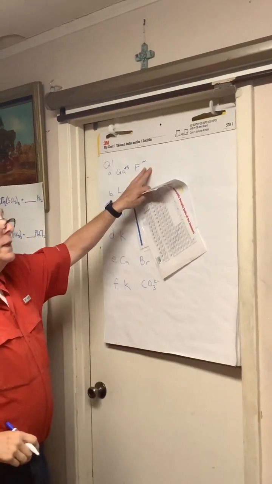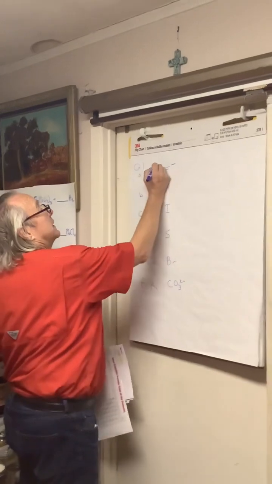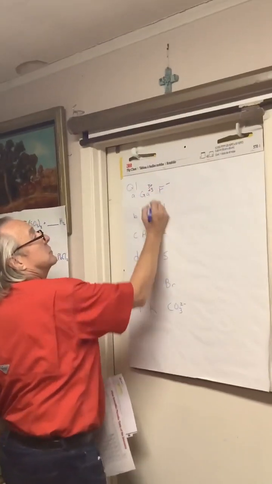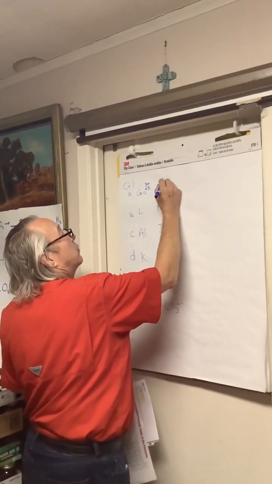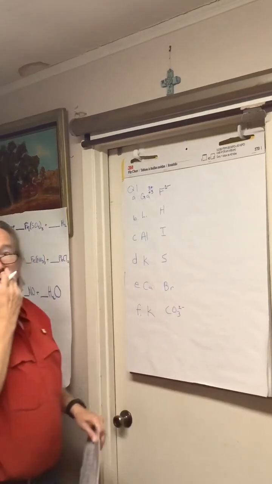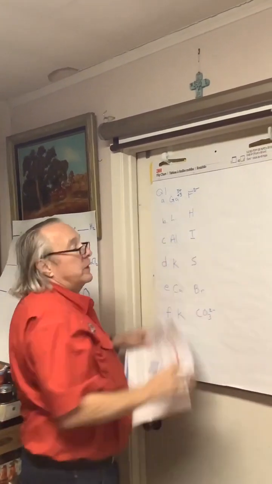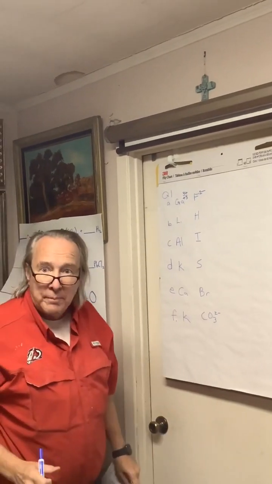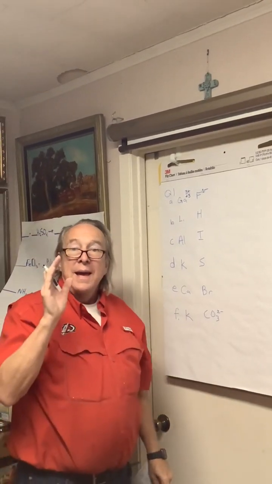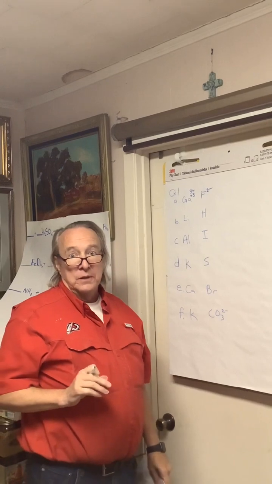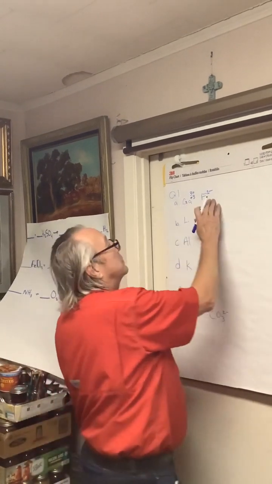We don't write the 1. And actually, I'm supposed to write this the new way, 3+. And fluorine is 1-. The 1 is understood. But here's the deal. When we put gallium and fluorine together, we form a new compound. And the new compound must be electrically neutral. So we have 3 pluses and 1-.